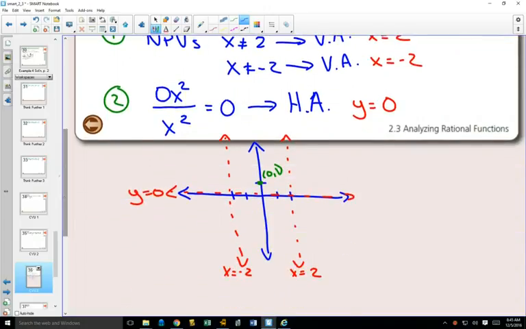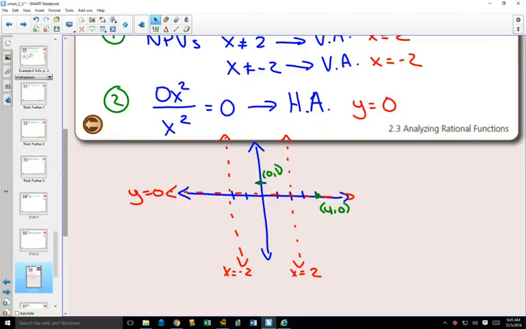And then we find that our x-intercept is at (4, 0), which feels weird because it's on an asymptote.